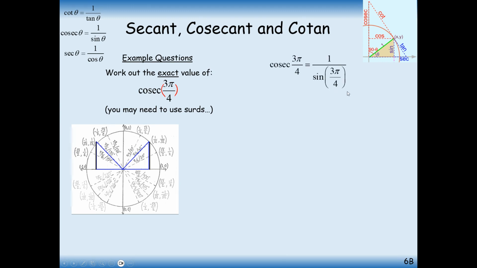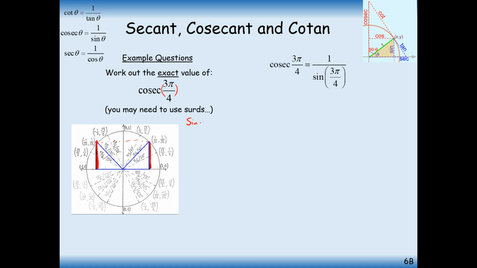So what is the sine of 3 pi over 4? As I've put it on this graph here, its sine is this opposite side, the red line that I'm drawing here, which is exactly the same height as sine of pi over 4. Why is that?